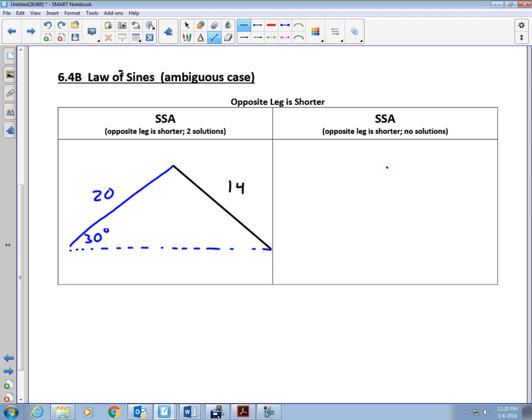Does everybody agree that that's a possible triangle? That that's a reasonable triangle? There's no conflicts with what I have written there. Okay? Everybody agree that that's a side-side-angle triangle? Look at this angle right here. Is it acute or is it obtuse?